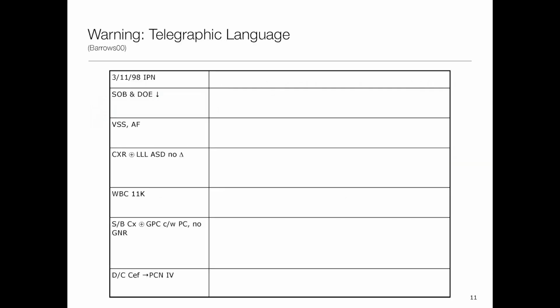So this was from an old paper by Barrows from 19 years ago. He was reading nursing notes in an electronic medical record system, and he came up with a note which has exactly that text on the left-hand side, okay?